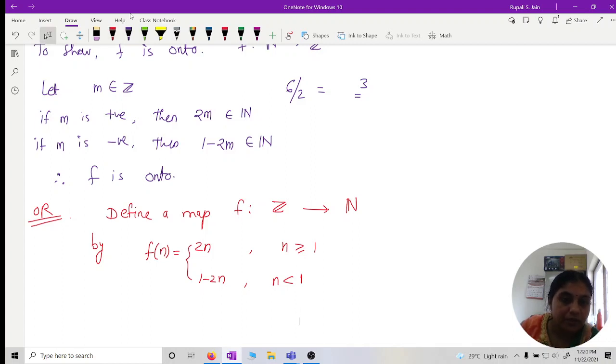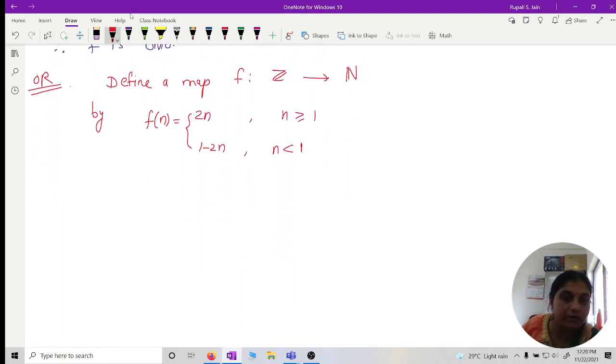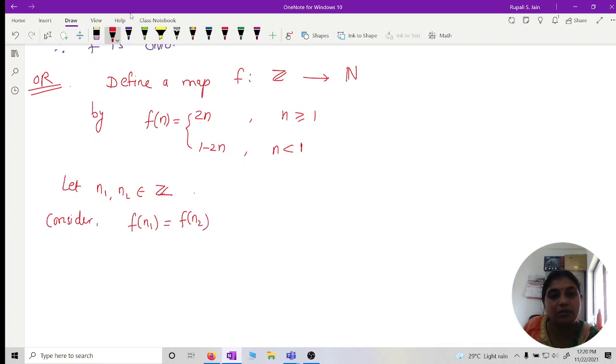Okay. Now you take how I will show this is bijective. Now let n1, n2 belong to Z, and consider f of n1 is equal to f of n2. Again there will be two cases, whatever we have shown. The same thing will happen. Okay, no problem.